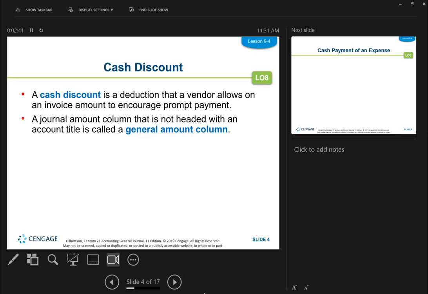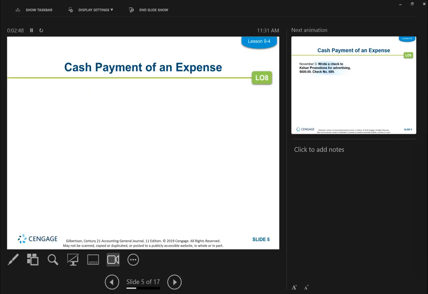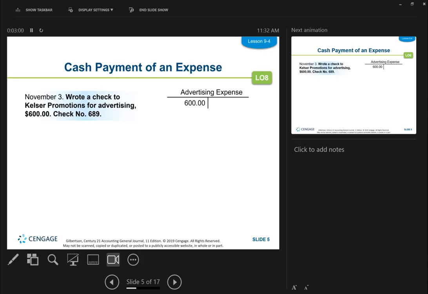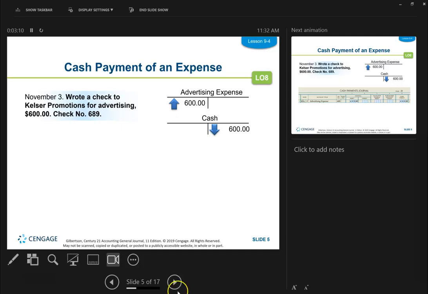A journal amount column that is not headed with an account title is called a general amount column. So cash payment of an expense: we wrote a check to Kessler Promotions for advertising for $600. The check number was 689. So that's a debit to our advertising expense and a credit to cash.